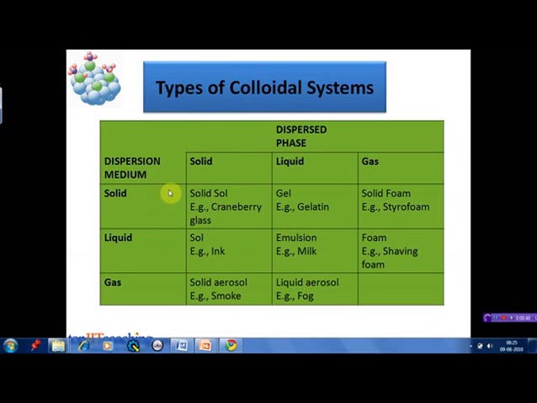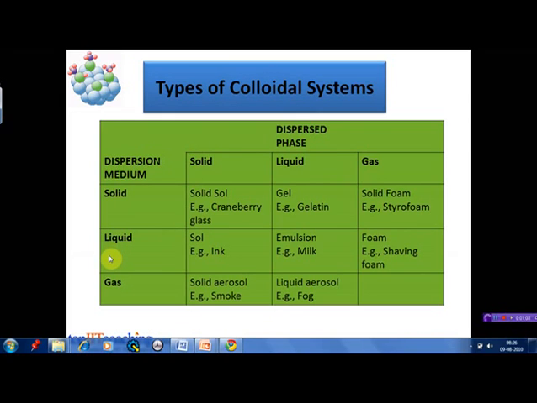The next example in which the dispersed phase is liquid is known as gel. The example is gelatin, in which liquid is dispersed in the solid dispersant medium. And the third type of colloidal system is solid foam, in which gaseous dispersed phase is dispersed in solid dispersant medium. For example, styrofoam, in which air is filled to make it foam.